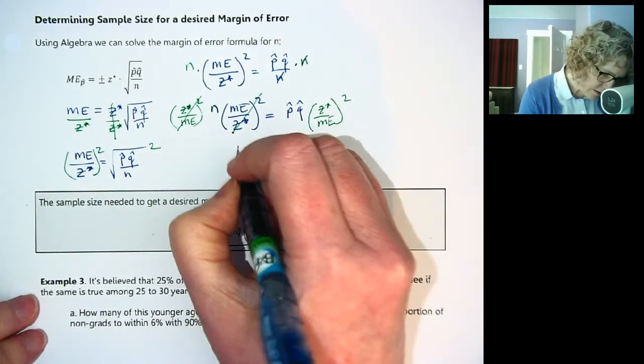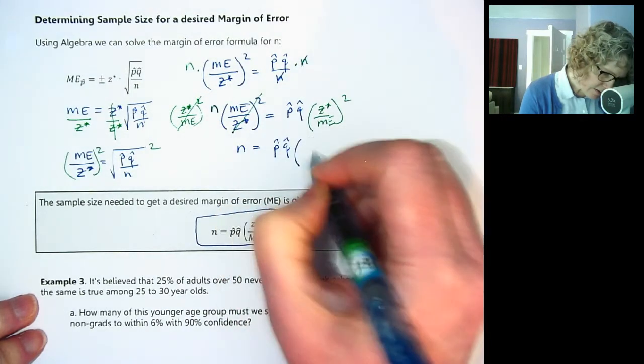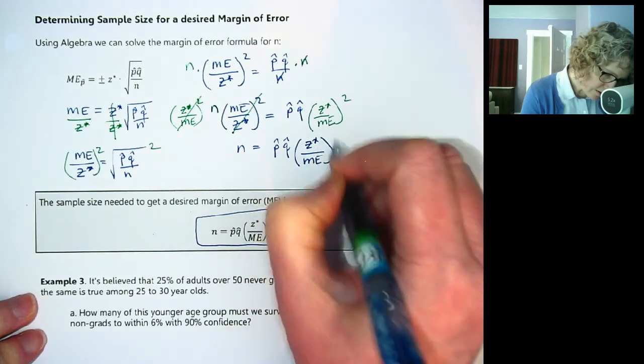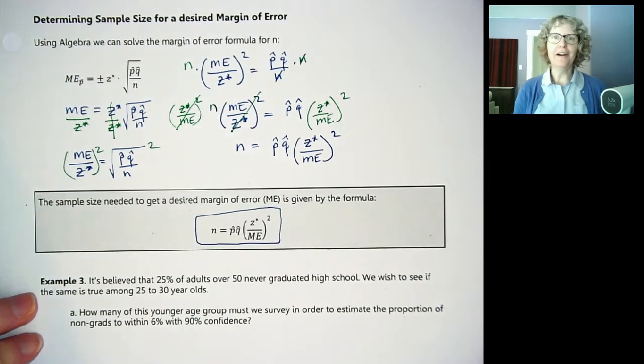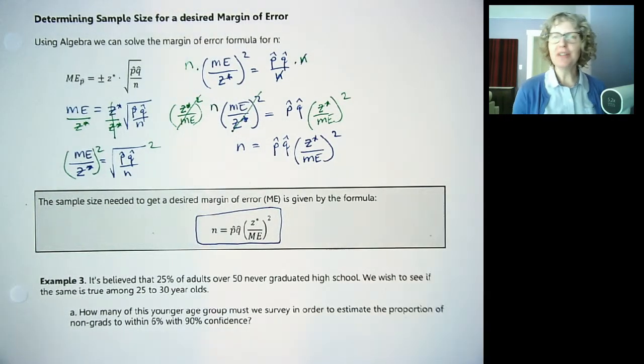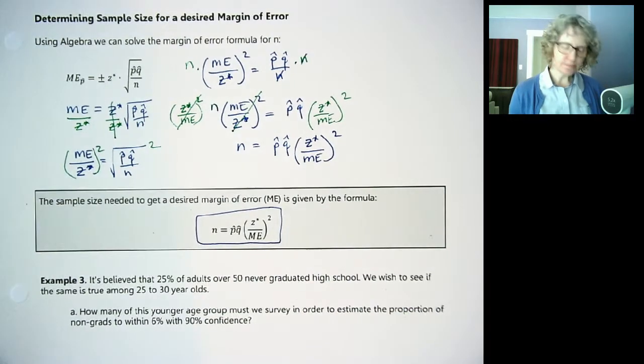So n equals p hat q hat times z star over the margin of error, squared. Cool, huh? That's how we get the formula if you're curious, but there's no need to solve this every single time. We just do it once and make a new formula.